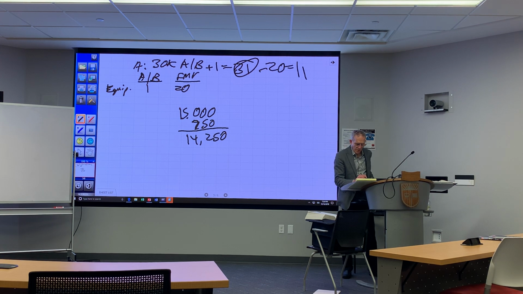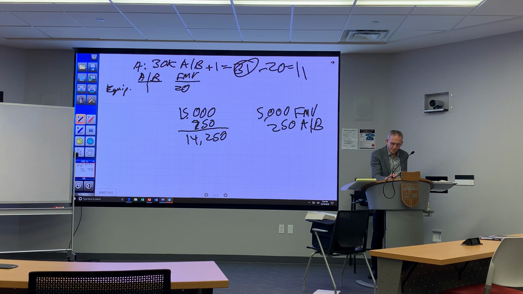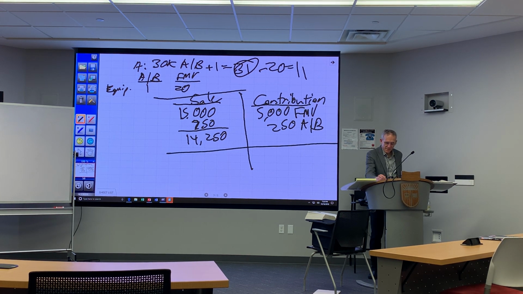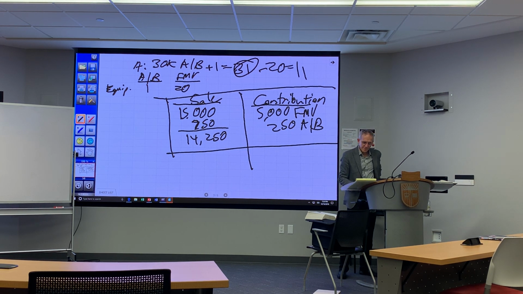And then we're going to contribute property worth fair market value of, with $250 adjusted basis. So there's a sale and there's a contribution. Okay, it's a two-part transaction. All right, everyone got that? That's what your answer to C should be like.